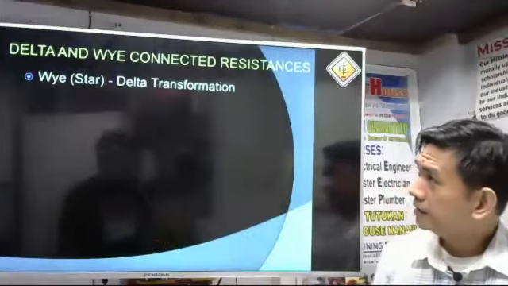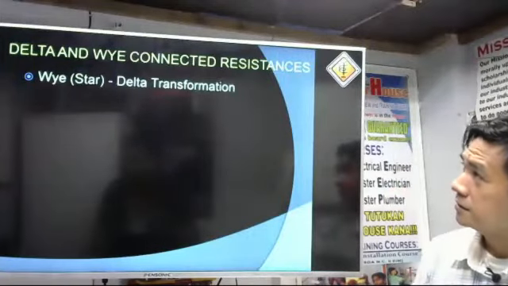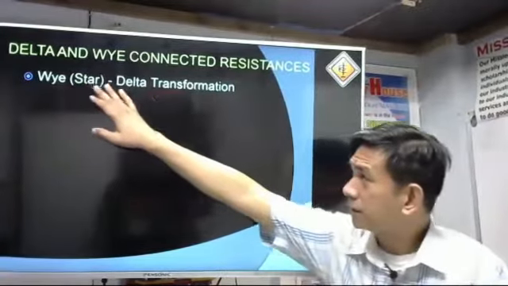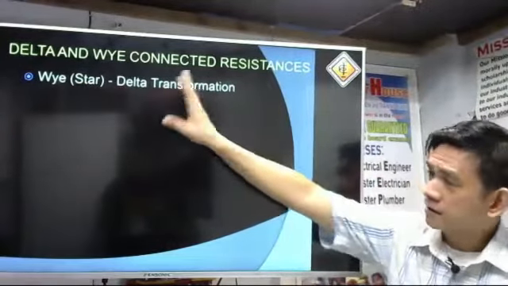We have the Y delta connected resistances. So we have the Y or the star delta transformation.